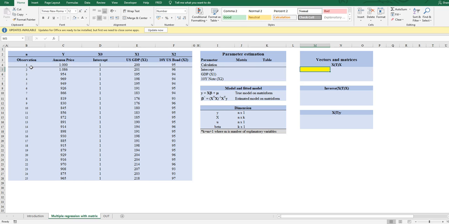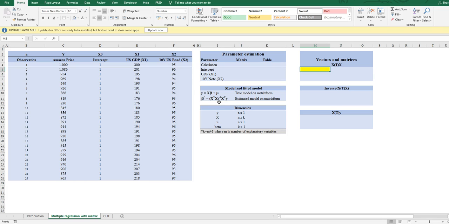Let's start by calculating the first expression within the parenthesis, X transpose times X. This is a matrix with a dimension of 3 times 25 multiplied by a dimension of 25 times 3. So it will be a 3 times 3 matrix.